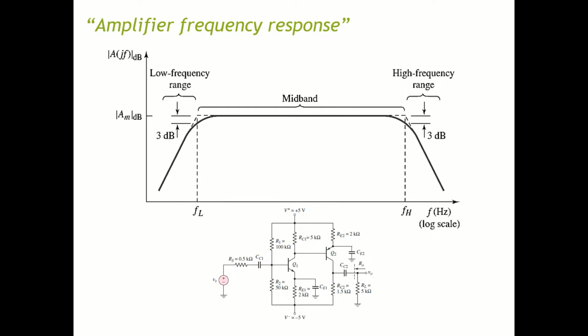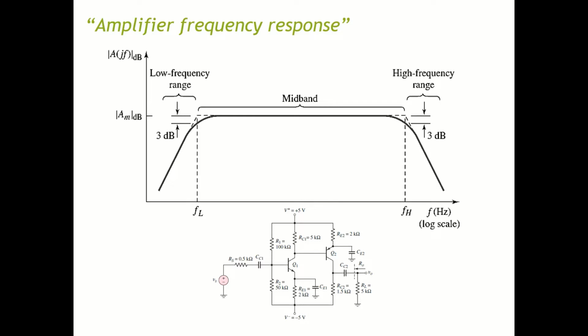But we also assume that our frequency is low enough so that the parasitic, or transistor, capacitances, that means all of the internal capacitances inside our transistor, can be treated as open circuits.